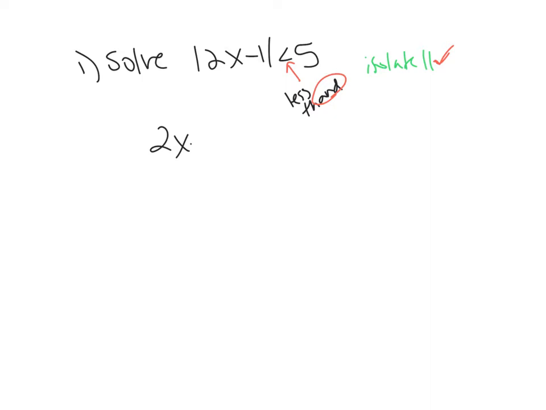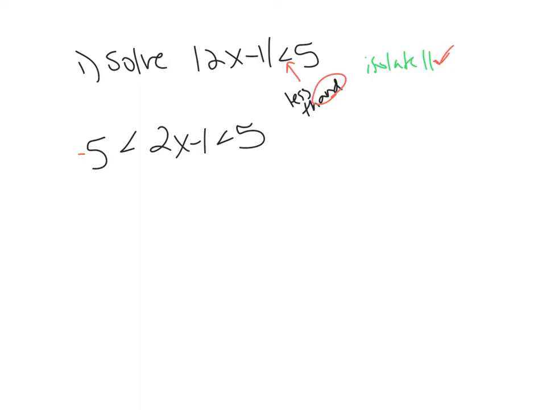So we can write what's called a compound inequality. Everything inside the absolute value, distance from 0, could be less than a positive 5 and greater than a negative 5. So for and problems, we can write a compound inequality: everything inside the absolute value is less than positive 5 and greater than negative 5.